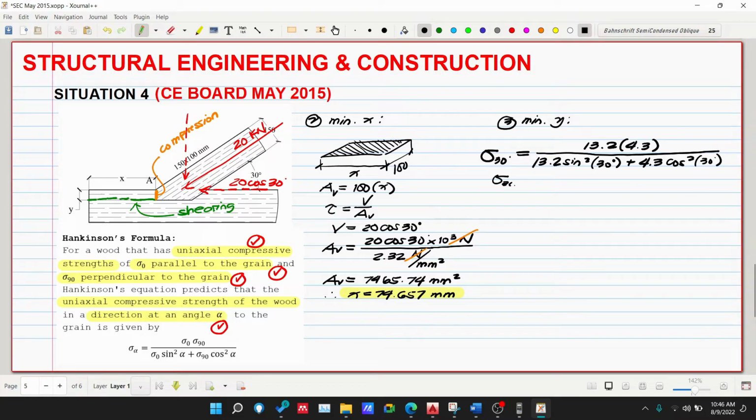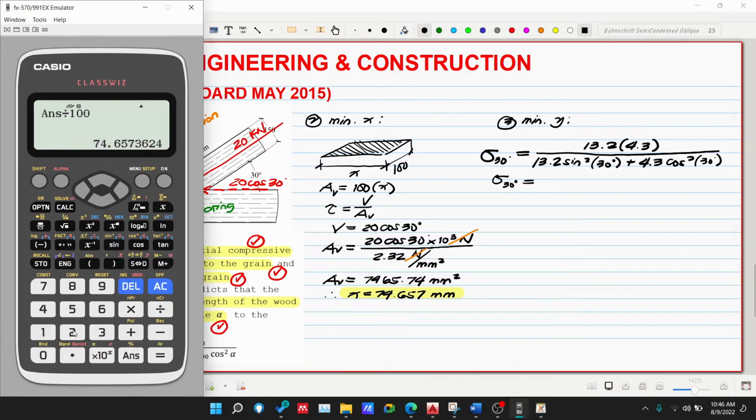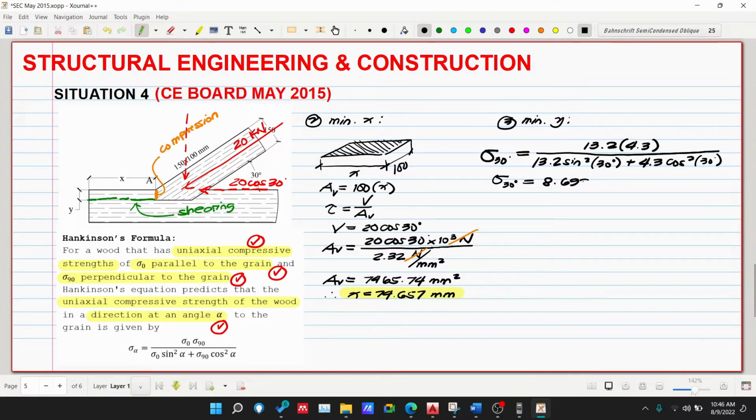Kaya makukuha natin yung ating stress with respect to angle alpha. So, 13.2 multiplied by 4.3 over 13.2 sine squared 30 degrees plus 4.3 multiplied by cosine squared of 30 degrees. So, 8.699 megapascal. And syempre, ito yung gagamitin natin na stress para makuha yung area na to.